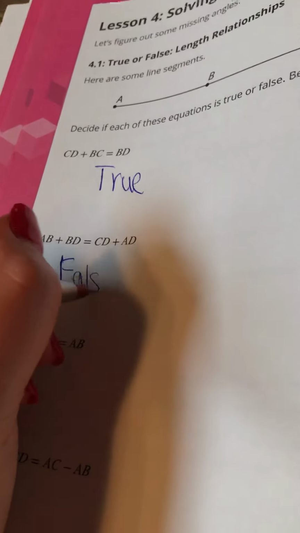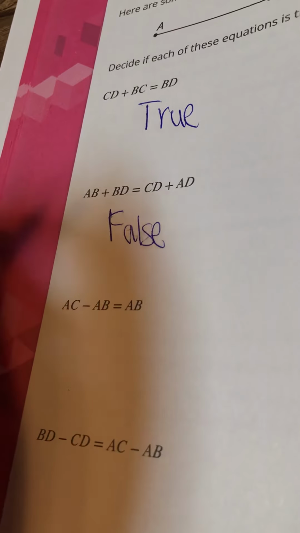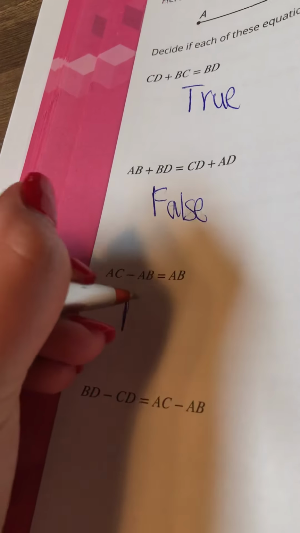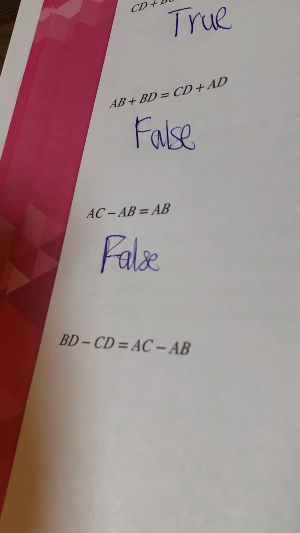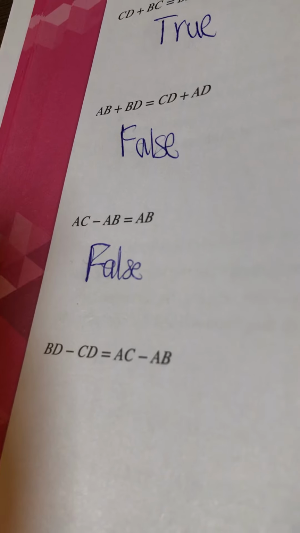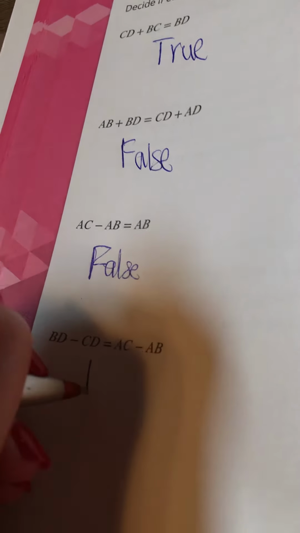That's actually false. AC minus AB equals AB. That's false. BD minus CD equals AC minus AB. That's going to end up being true.